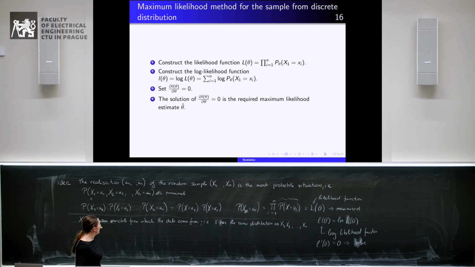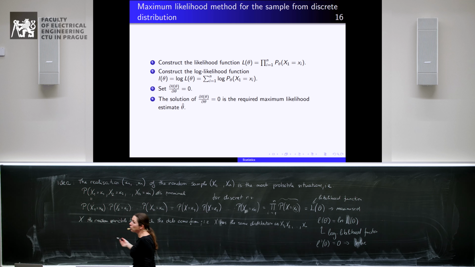This is the maximum likelihood, and as you noticed, I used the probability that x1, x2, and so on are equal to some concrete values. So I used the description or the way of calculation for discrete random variables.